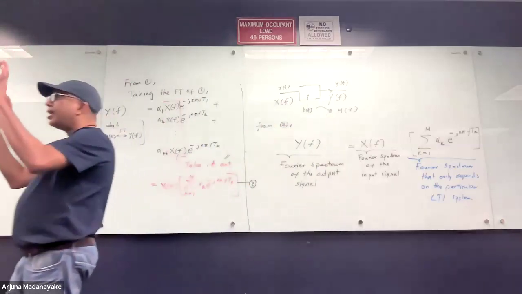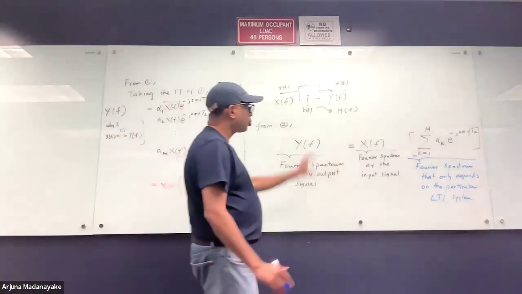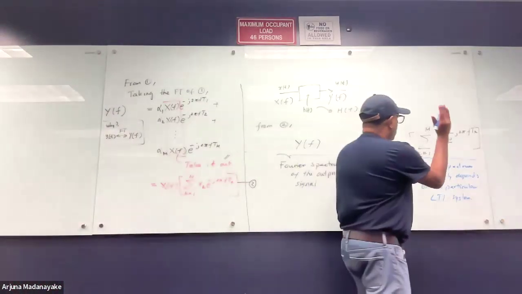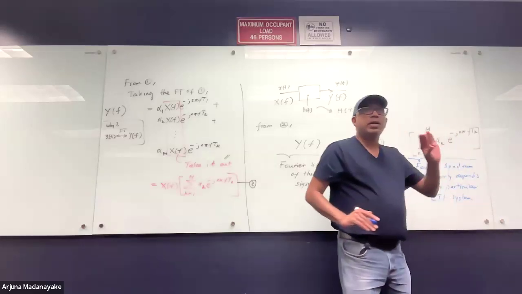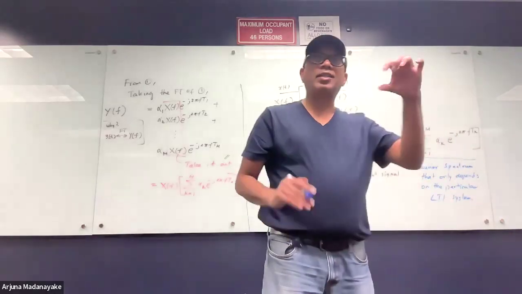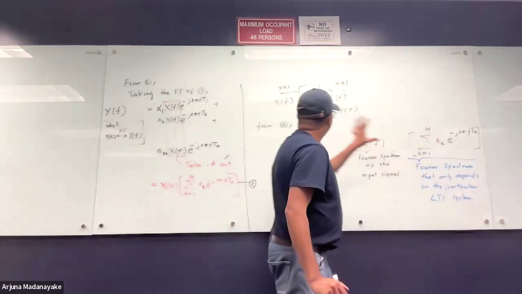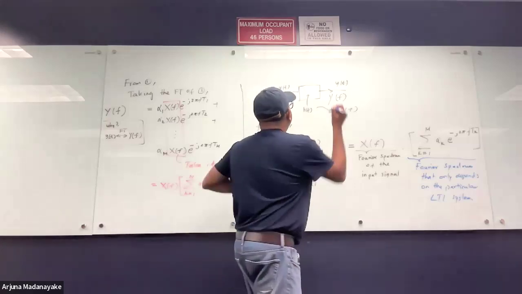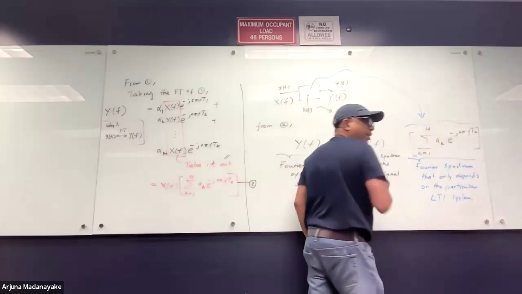So we have a very clean description, right? Spectrum at the output is equal to spectrum at the input times something that is independent of the input or output, but is in a way its own description of what's inside the box. So this describes the box in the frequency domain, right?